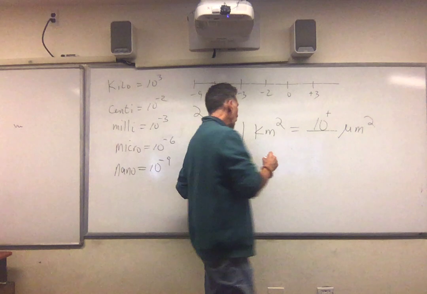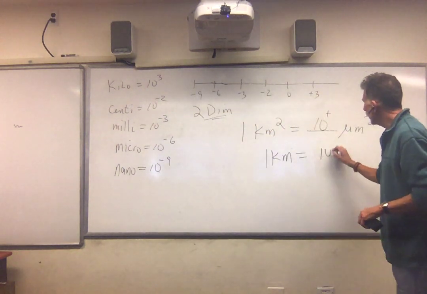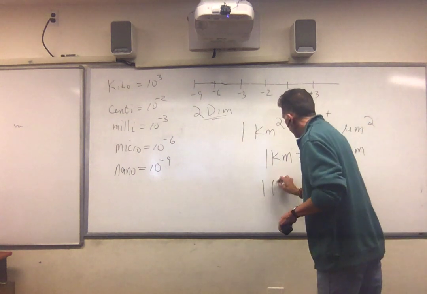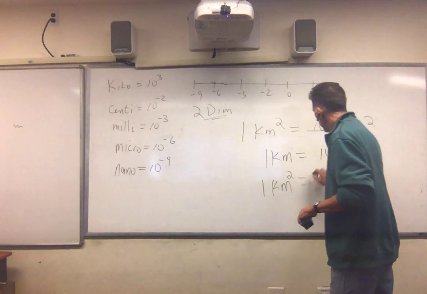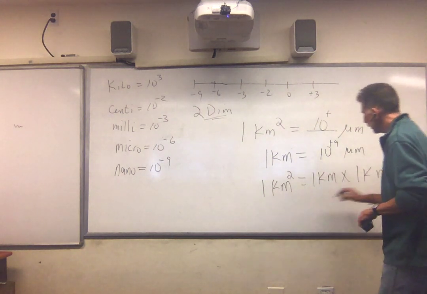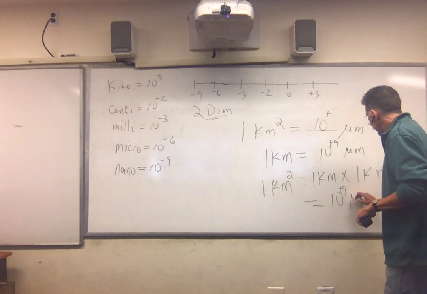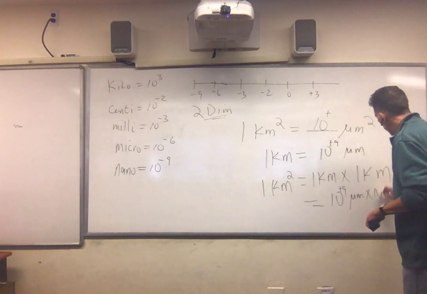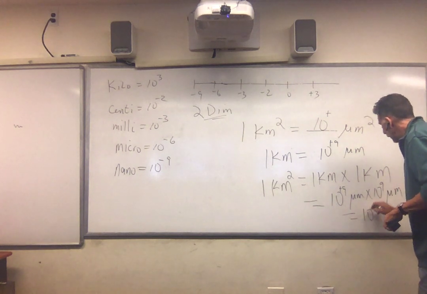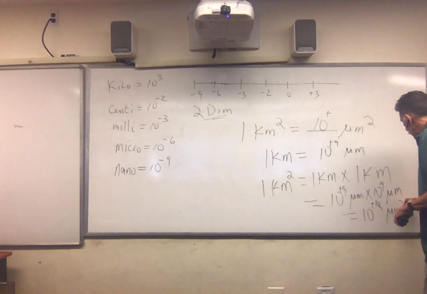So 1 kilometer, all right, I'll write it out, is 10 to the plus 9 micrometers. So 1 kilometer squared is 1 kilometer times 1 kilometer, which is 10 to the 9 micrometers times 10 to the ninth micrometers, and we get 10 to the plus 18 micrometers squared.